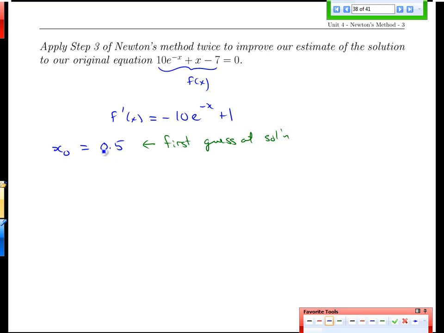Okay. So what I usually do is try to build a table. And so we say we start at 0.5. What values do we need?